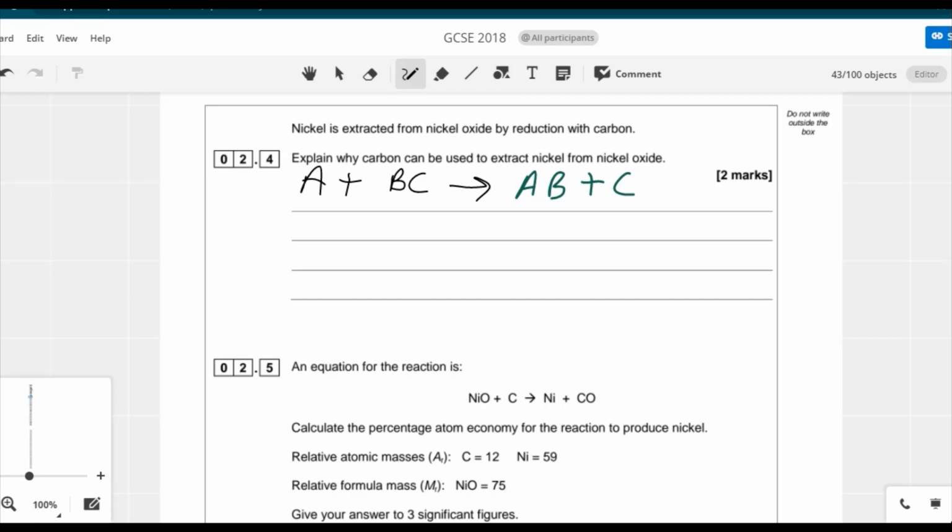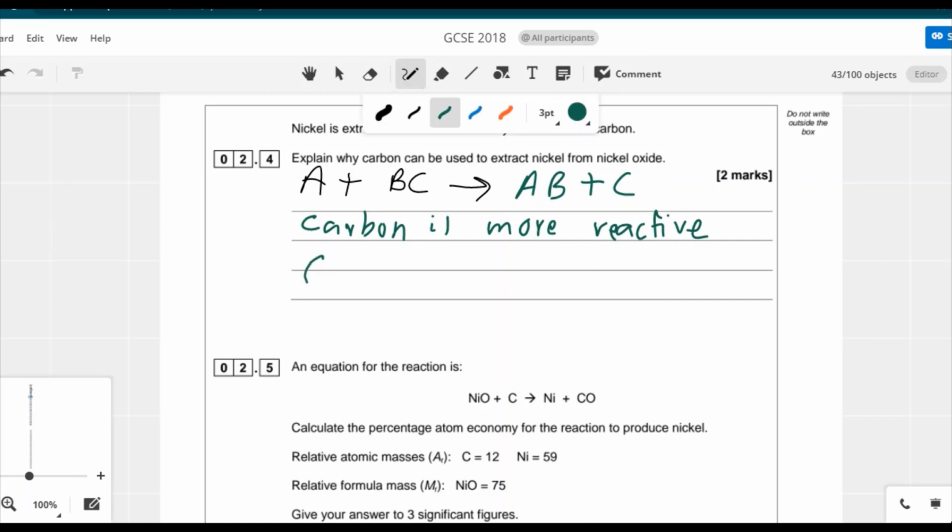Why? Because carbon is more reactive as compared to nickel. So what happened here? The carbon will replace or displace the nickel from nickel oxide. It means that the carbon will remove the oxygen from nickel oxide as well.